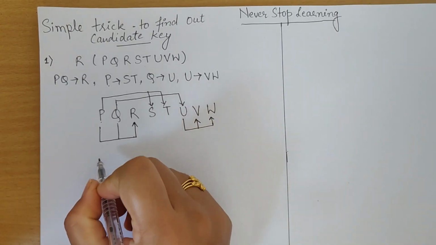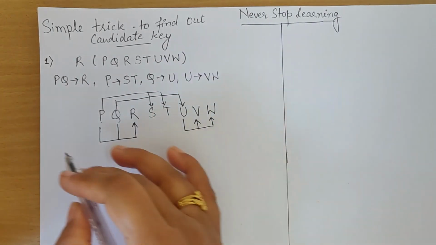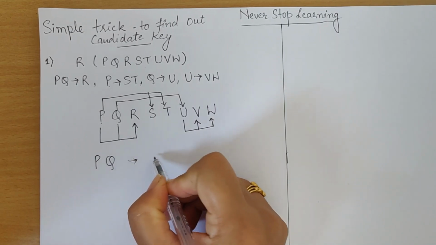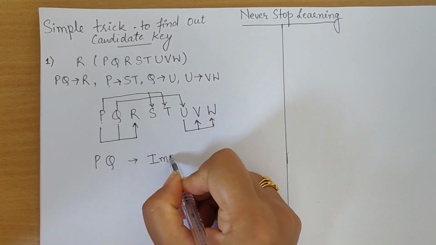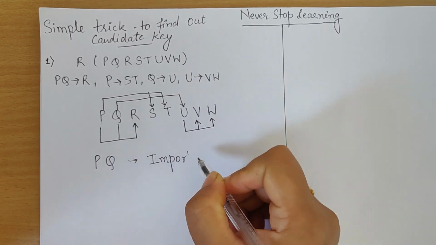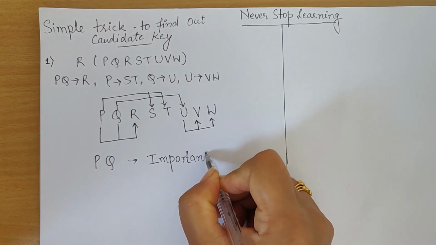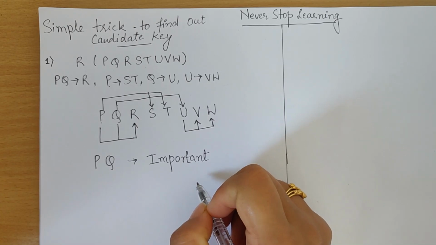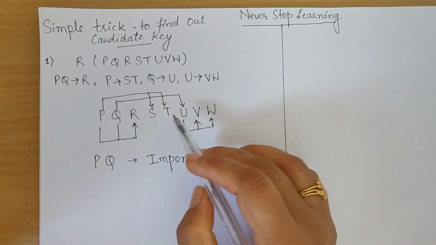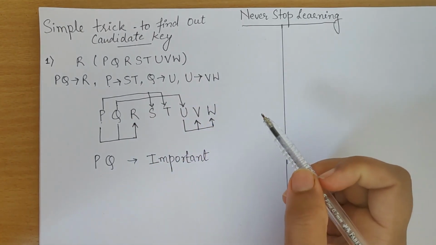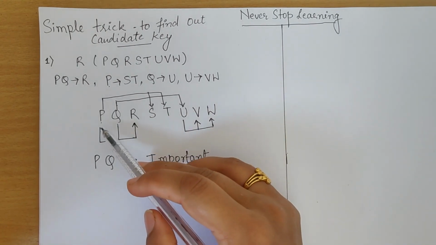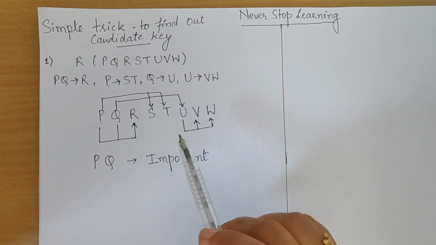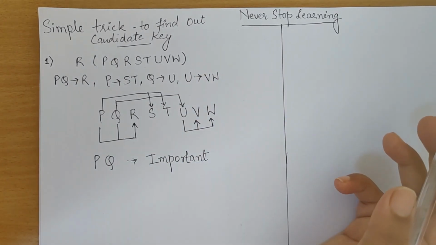That means for this particular show, P and Q both are the important attributes, right? Why are they the important attributes? Because they have the power to send direction, to determine others, and no other element is able to determine P and Q, because they are always on the left hand side. They are not coming on the right hand side. If they came on the right hand side, they would get the directions, right?